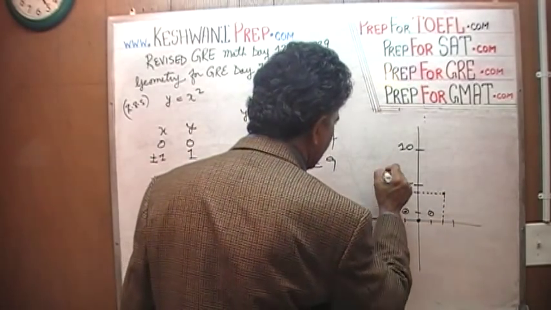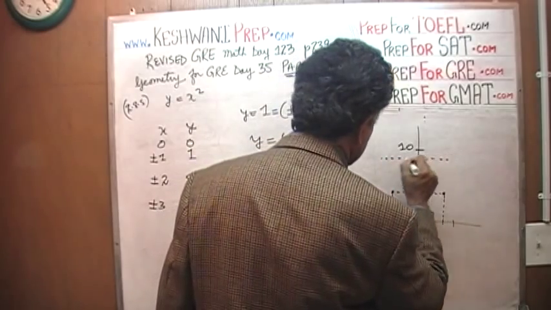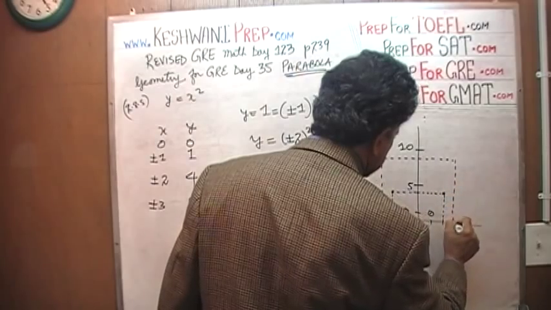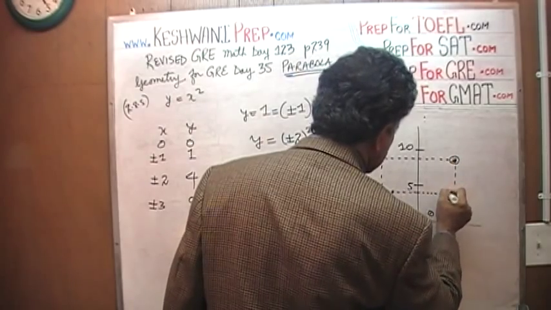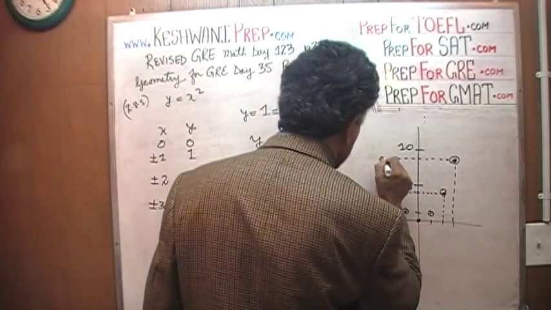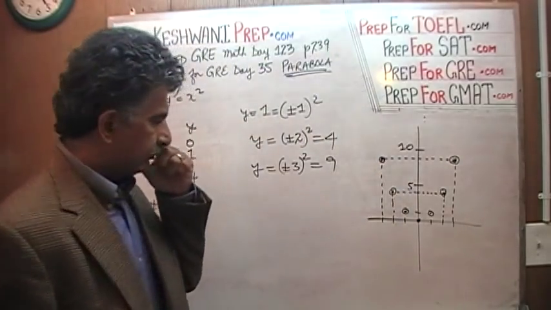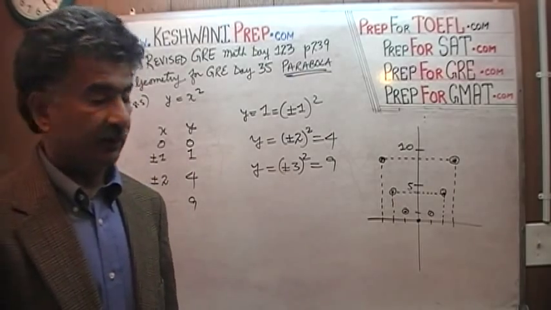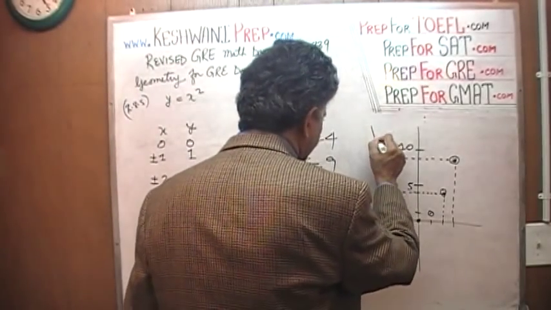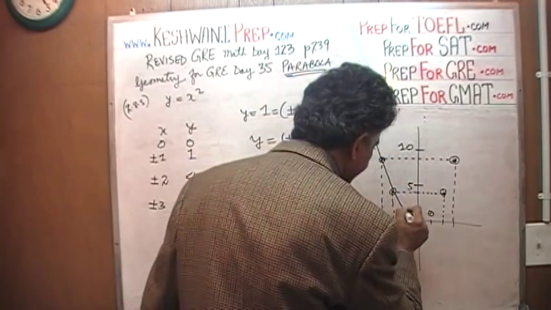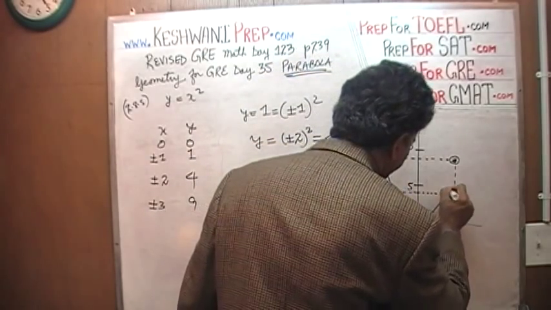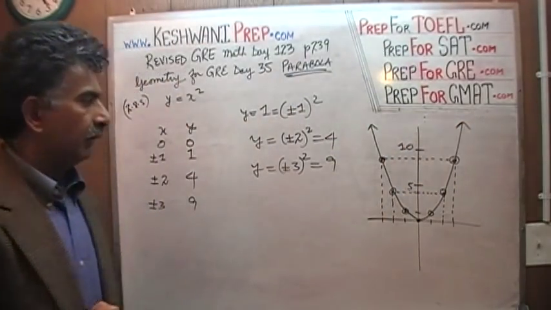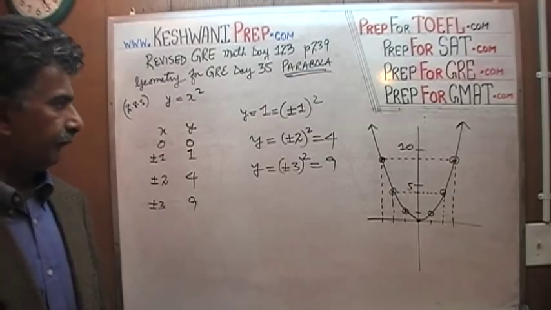When x is 3, y is 9, somewhere here. And we join these points and we'll get a shape which is known as a parabola. It looks something like this. Voila. That's your parabola in the simplest form.